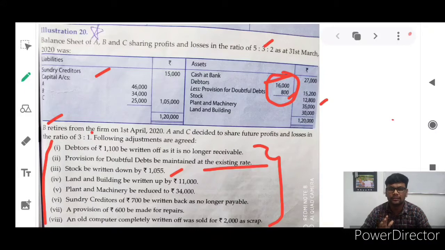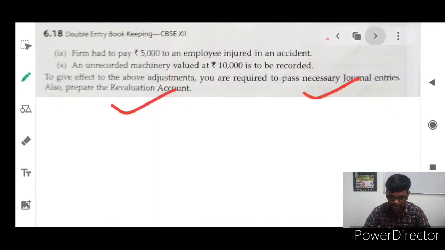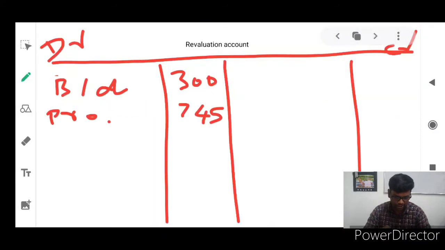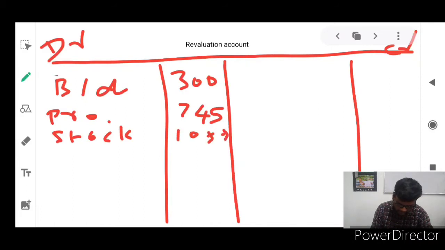So 1,055 rupees is reduced. Anyway, assets reduced means that should be entered on the debit side of the revaluation account. So stock: how much is it reduced? 1,055 rupees stock is reduced.